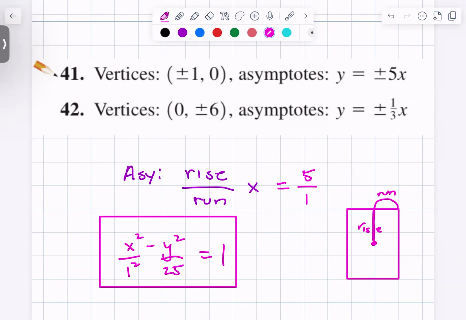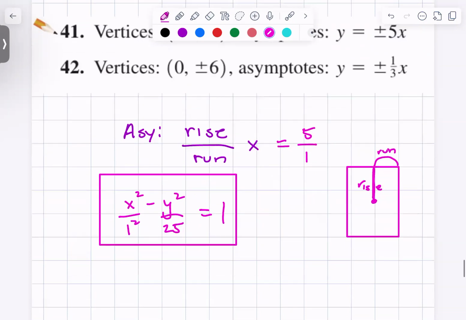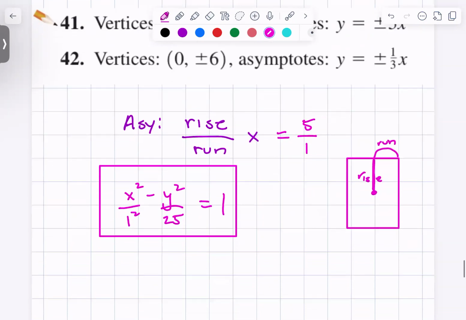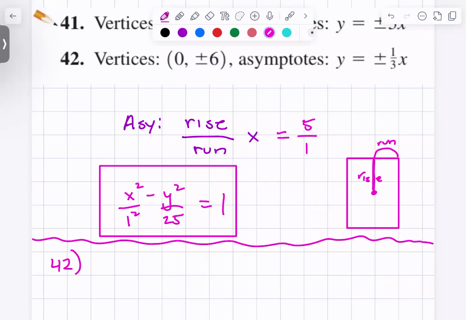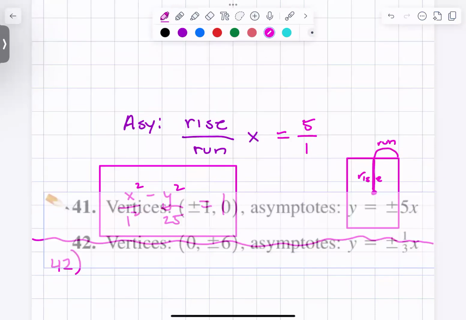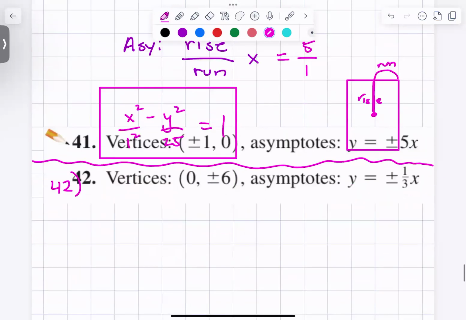Number 42 is a little bit more difficult, so we're going to cover that. Vertices are 0, comma 6, right? Plus or minus 6. So if it's plus or minus 6, is it vertical or horizontal?